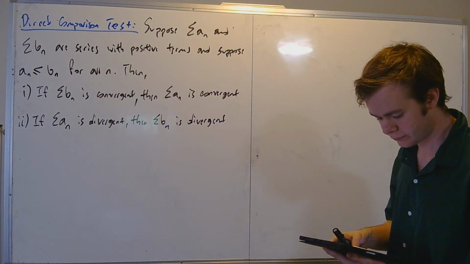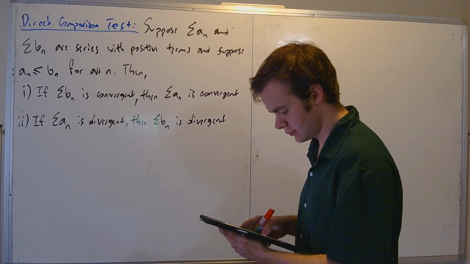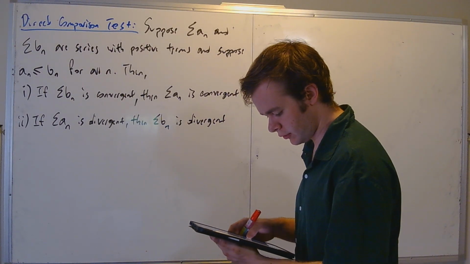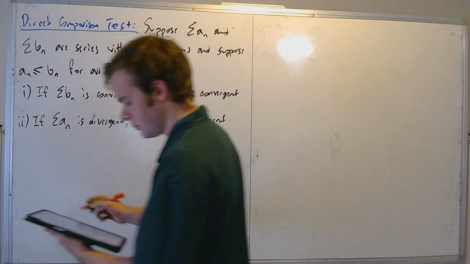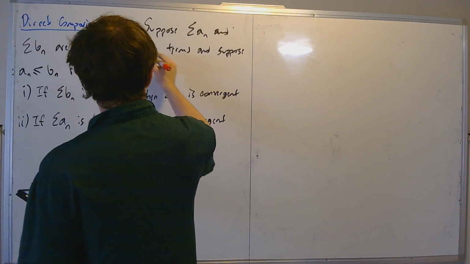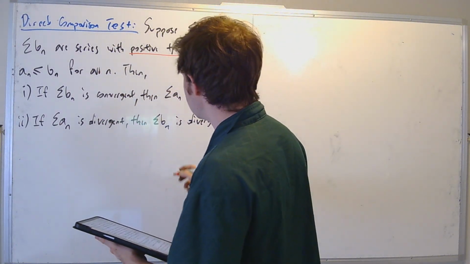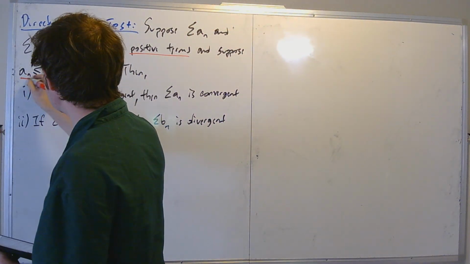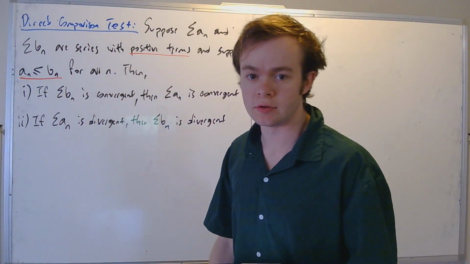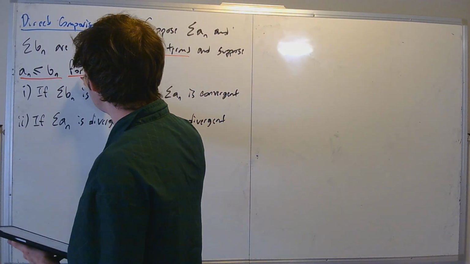Okay. That's kind of what I said there. I'm not going to rewrite that, but I'll say here, these are the two important things. The terms need to be positive, and every term in A needs to be less than every term in B, but here I say for all n.